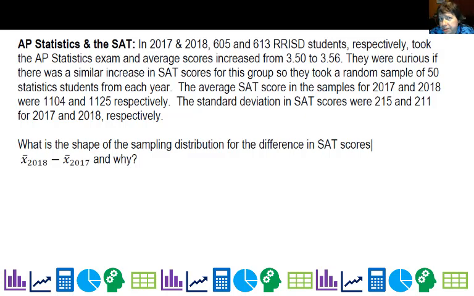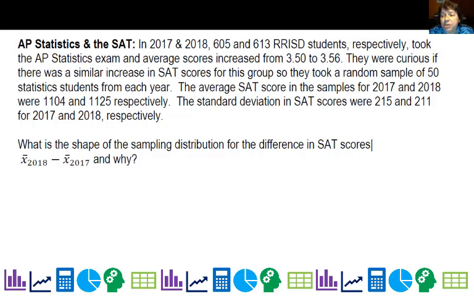They were curious if there was an increase in SAT scores for this group, so they took a random sample of 50 stat students from each year. The average score in the samples for 2017 and 2018 were 1104 and 1125, respectively. The standard deviation in SAT scores were 215 and 211 for 2017 and 2018, respectively.